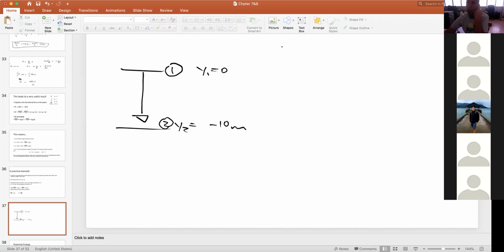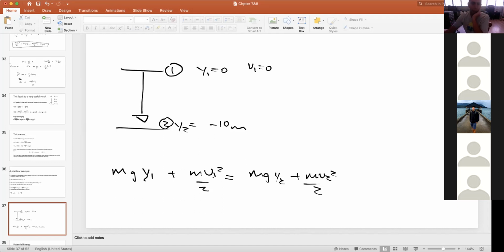Okay. So what we do, and we know that at 1, we're going to drop it from rest just to make this simple. We chose 1 and 2, and we say, okay, mgy1 plus mv1 squared over 2. And we just set that equal to mgy2 plus mv2 squared over 2. Now I said that Y1 was 0 and it started from rest. So that means that this is 0.